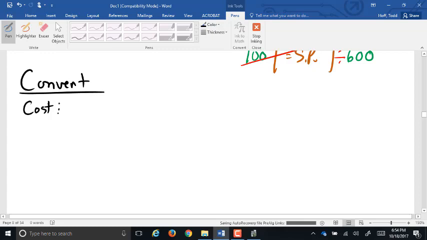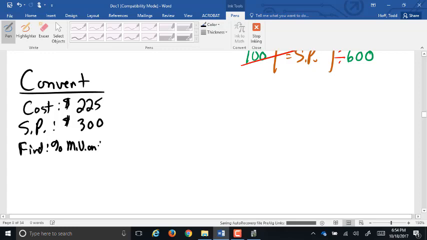Where we are going to have a cost of $225, a selling price of $300. We're going to find the percent markup on cost.